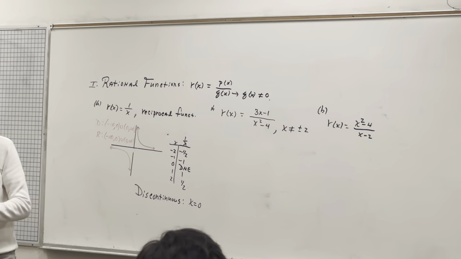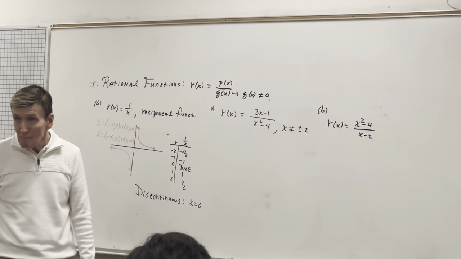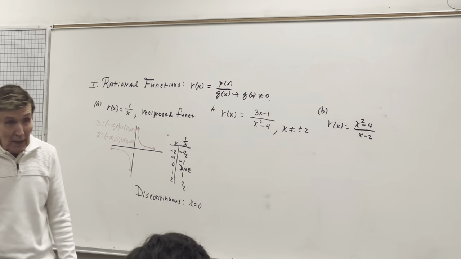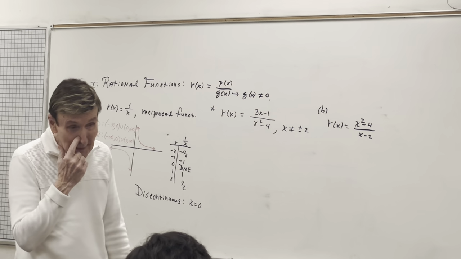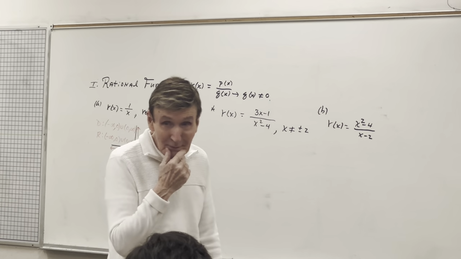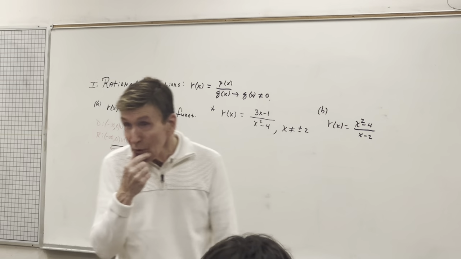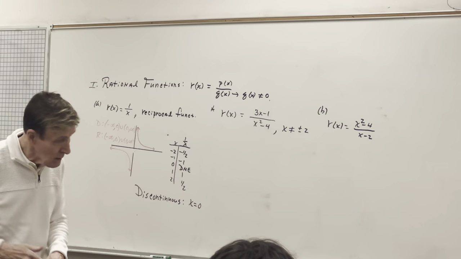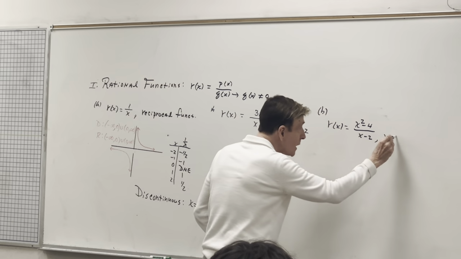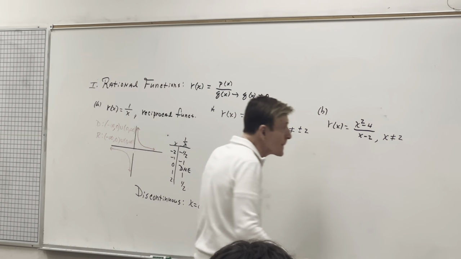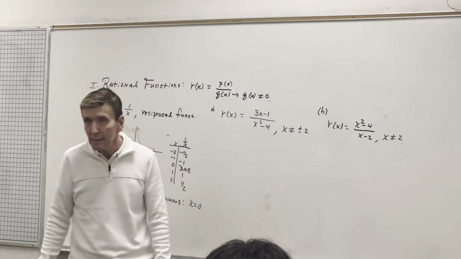Now, let's get a little conversation going, then we'll get to the handout. See what this is all about. Anyone see anything going on here on this one? x cannot be 2. Love that, tell me more.